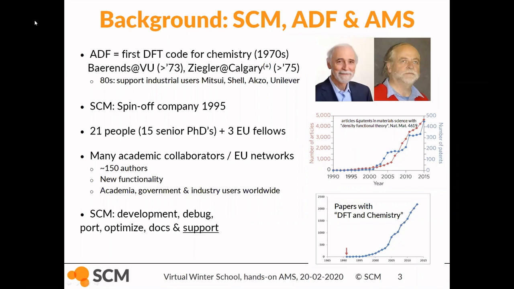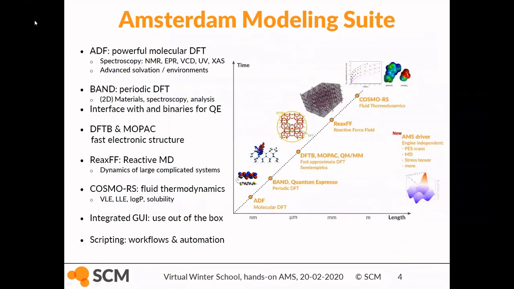All right, so just a whirlwind tour through these software tools that we have. In the 70s, we had our molecular DFT code ADF, which is still the main code that people are using when we talk about the Amsterdam Modeling Suite. It is still the most powerful tool for dealing with spectroscopic and reactivity properties of inorganic molecules, but there are also wide-ranging applications to organic chemistry.